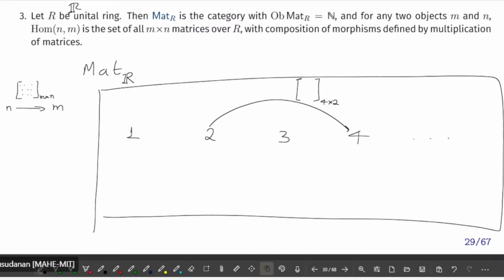Several, in fact, if you take real matrices, then the axioms such as identity and composition hold.